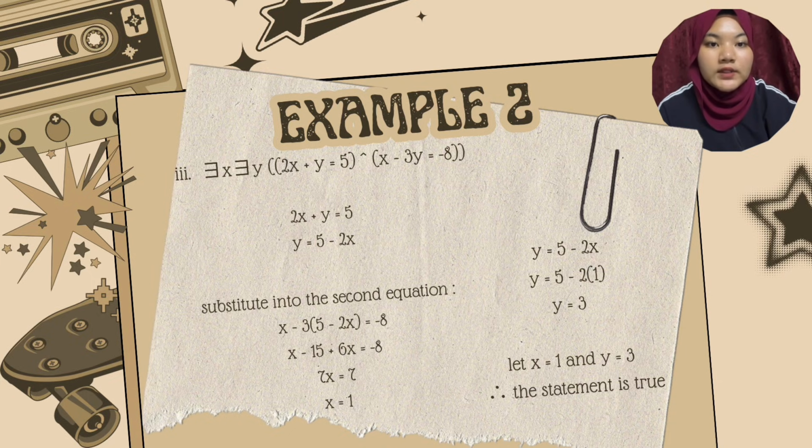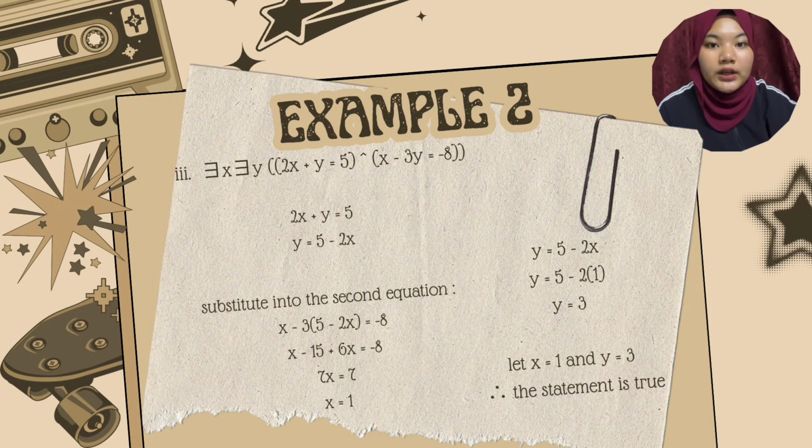First, we take the first equation, which is 2x plus y equals 5. We rearrange this equation to make y the subject, so y equals 5 minus 2x. Next, we substitute this expression for y into the second equation, which is x minus 3y equals negative 8.